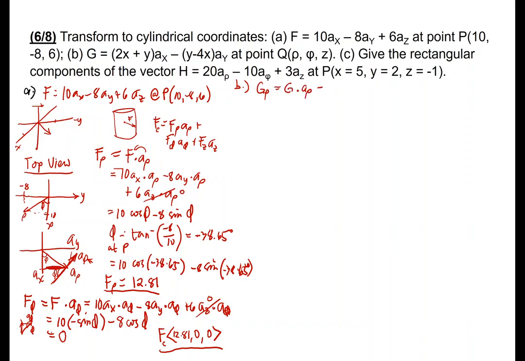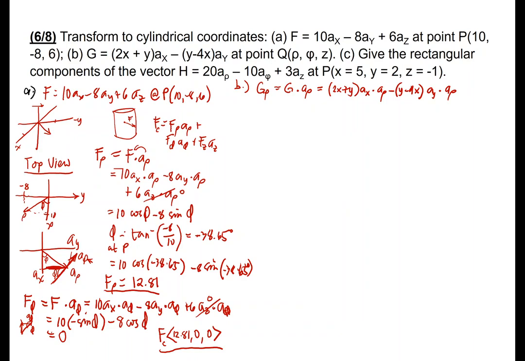We substitute this in G dot aρ, so you have (2x plus y) ax dot aρ minus (y minus 4x) ay dot aρ. Take note, there's no az present in the G.